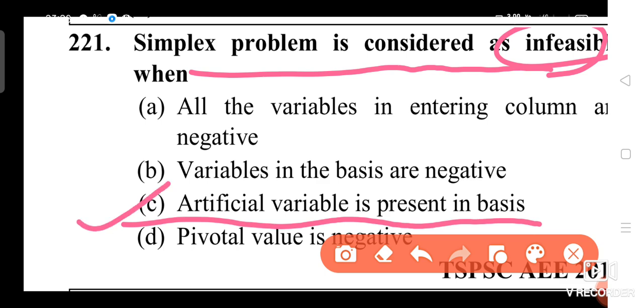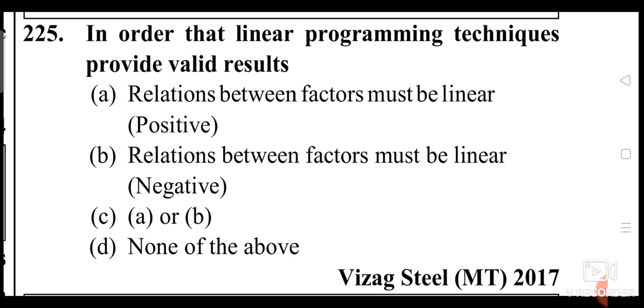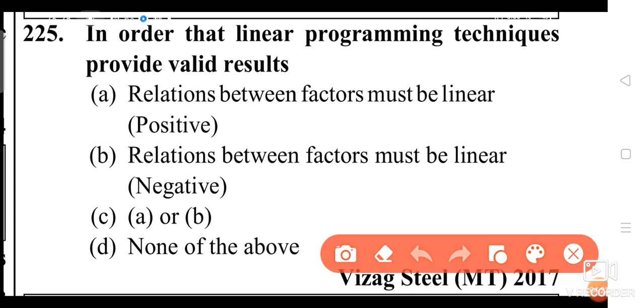C is the right answer. Next, in order that linear programming techniques provide valid results, the relation between factors must be linear, positive, right. Relation between factors must be linear, negative, right. So both are our right answer.